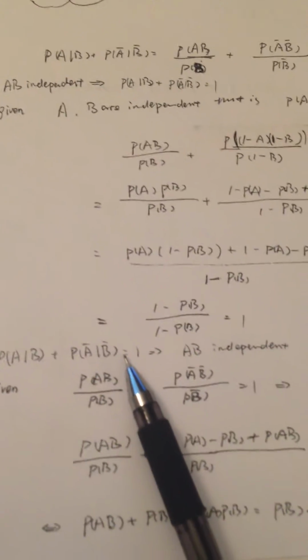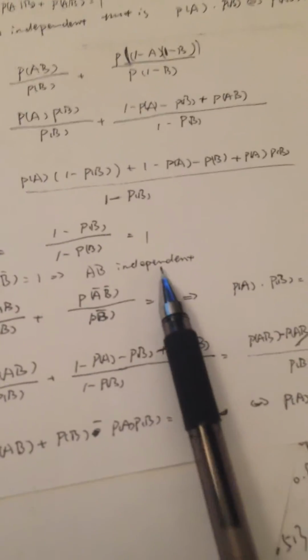So it goes on to the next step of this question: given the two conditional probabilities add up to 1, prove that A and B are independent.